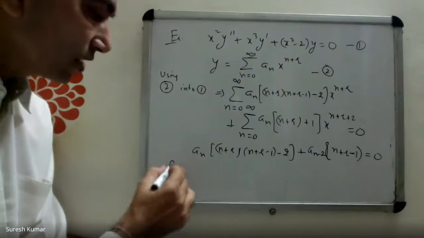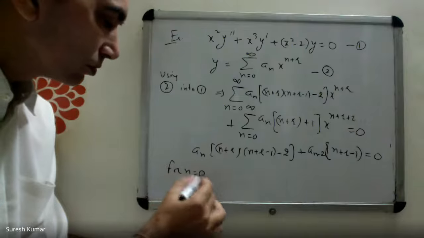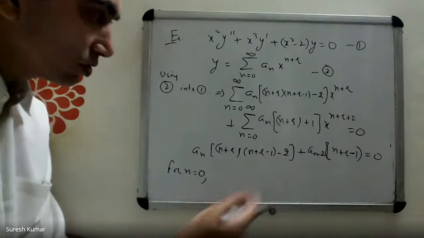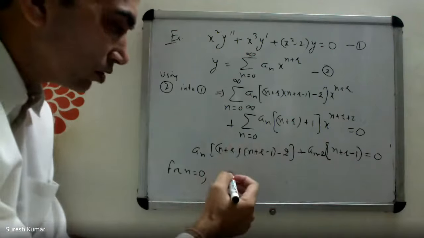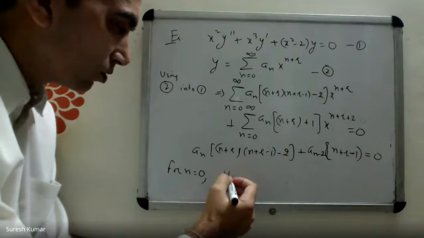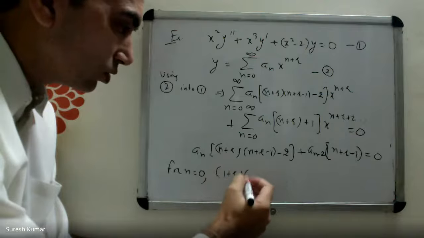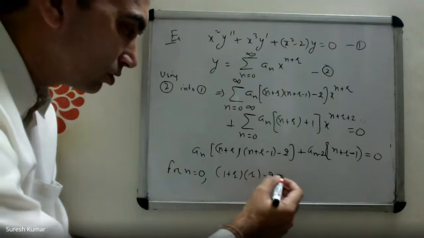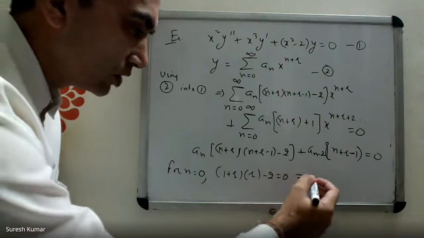In this, for n equal to 0, you should have the indicial equation. Need not consider for n equal to 0 this term. So a naught times 1 plus r into r minus 2 equal to 0. Just solve this quadratic equation.